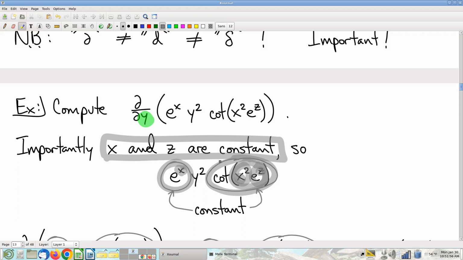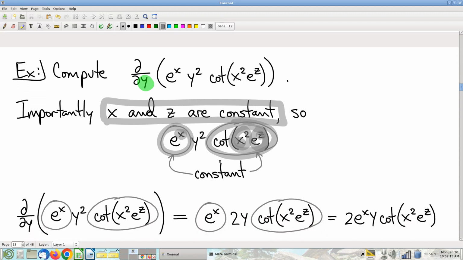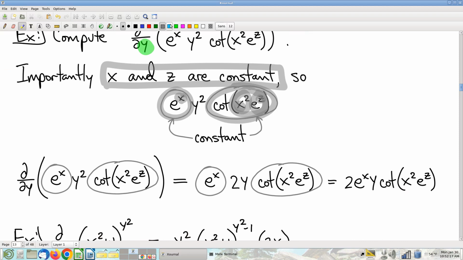So what we've got here, we're taking the y partial not of a massive inconvenience. We're taking the y partial of y squared times a constant. An ugly constant, to be fair, but it's a constant. And we have very convenient rules for what happens when you take a partial derivative of something times a constant.